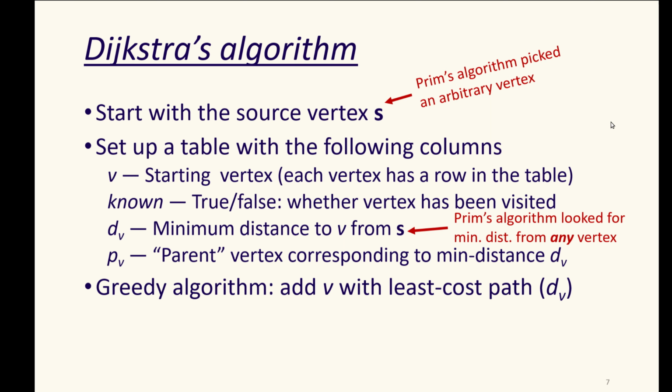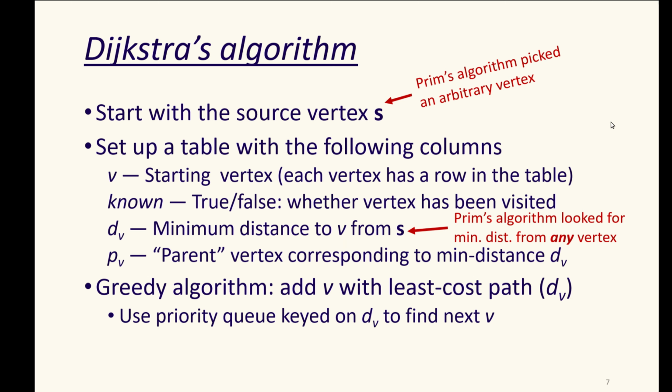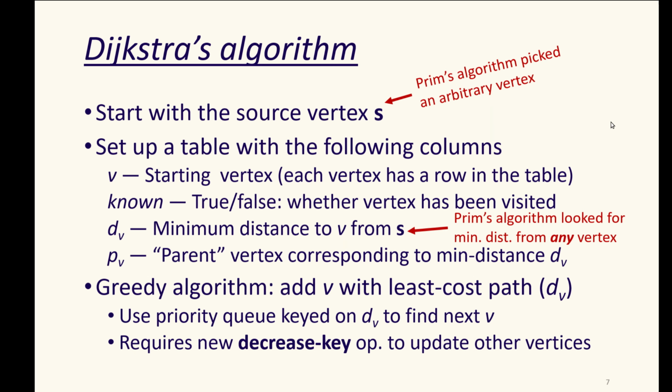It's a greedy algorithm, as mentioned before. It will add the vertex V with the least cost path, D sub V. It uses a priority queue that's keyed on that distance, D sub V, to find the next vertex to use. And it requires a decrease key operation to update other vertices.